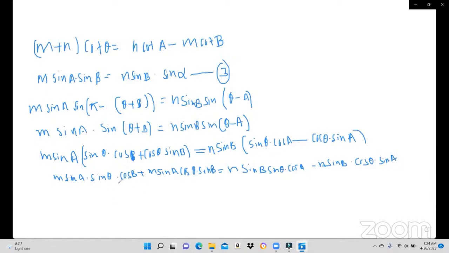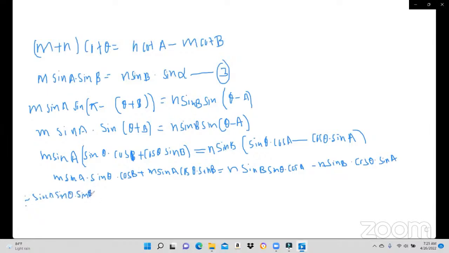Now here sin A sin theta cos B. So what we are going to do, we are going to divide by sin A sin theta sin B.